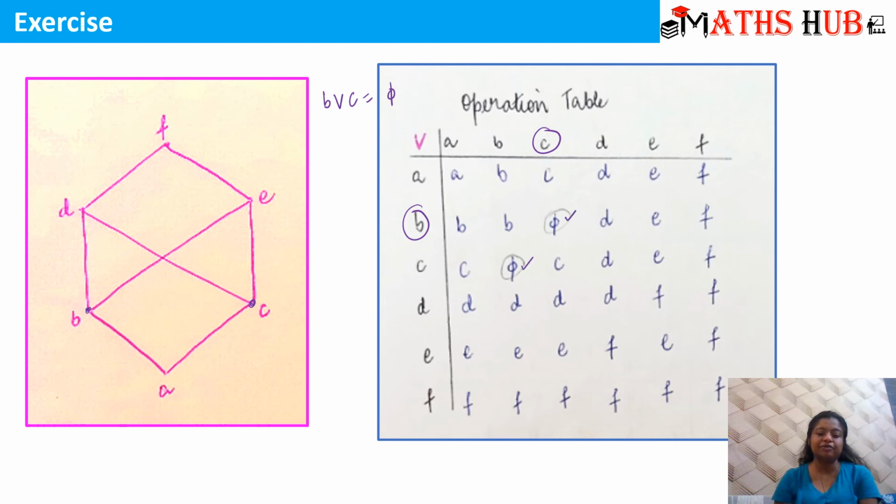Rest of the elements, when you calculate the join operator, they will all belong to this lattice, this poset, right? But since these two elements are coming out to be phi, we can say that B join C does not belong to this structure L or the poset L. So L is not a lattice, right?